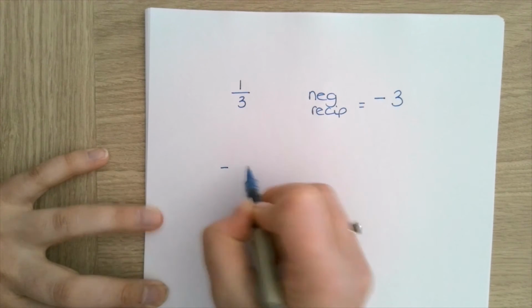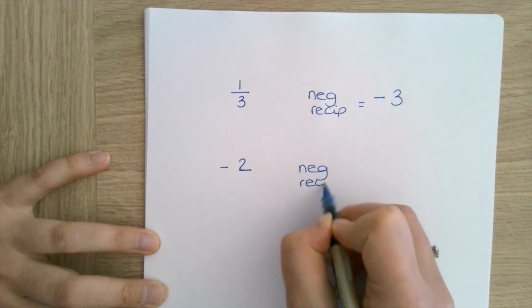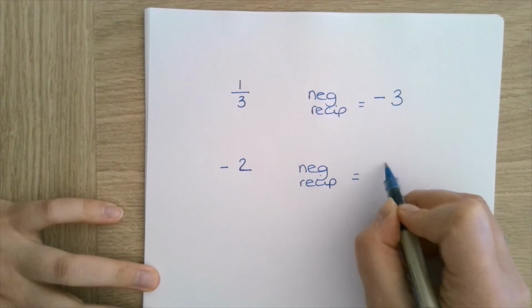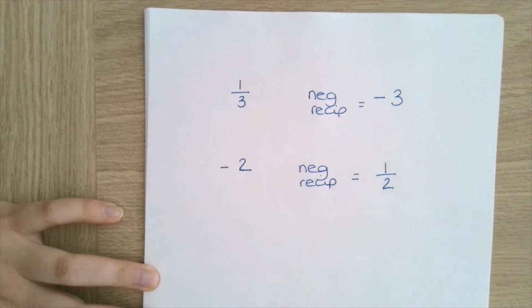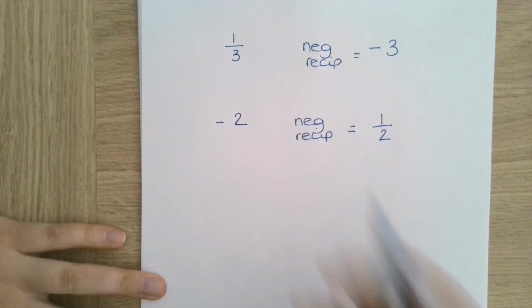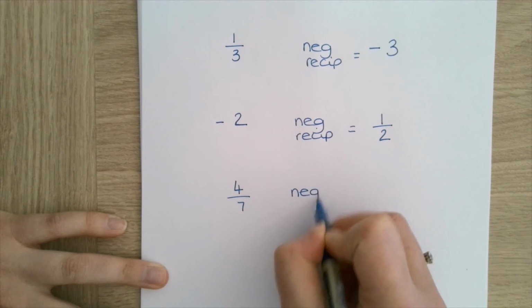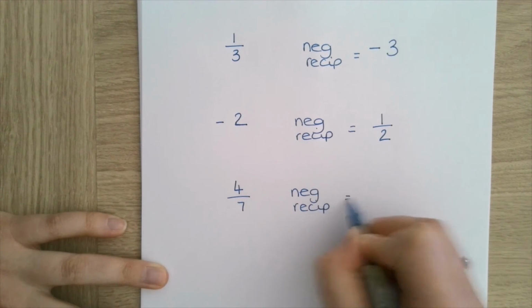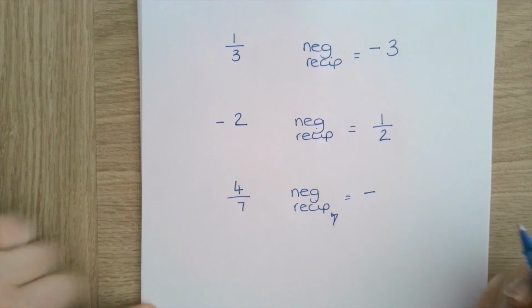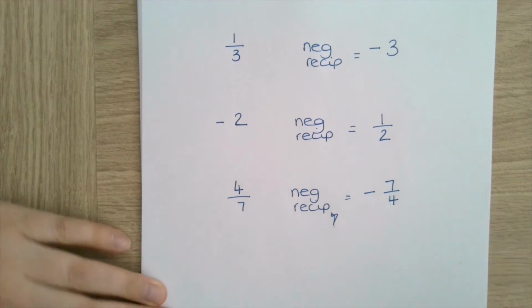If I have minus 2, the negative reciprocal is going to be the negative of a negative, which is positive, reciprocal, which means 1 over. So if I've got minus 2, the negative reciprocal is 1/2. If I've got 4/7, the negative reciprocal is going to be, that's positive, so the negative of that is going to be negative. Reciprocal means I'm going to flip it, so I end up with 7/4.